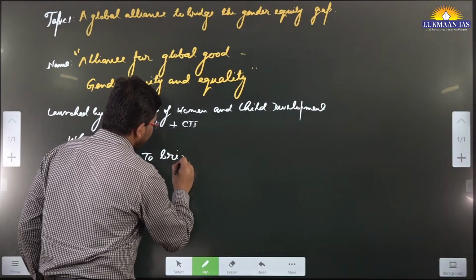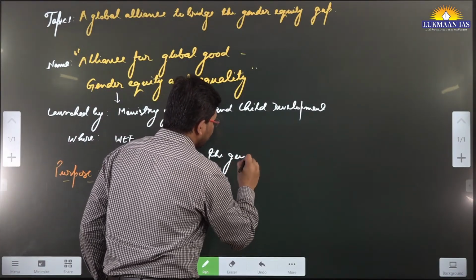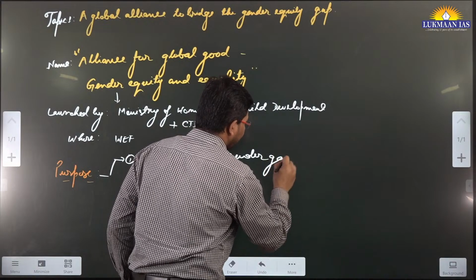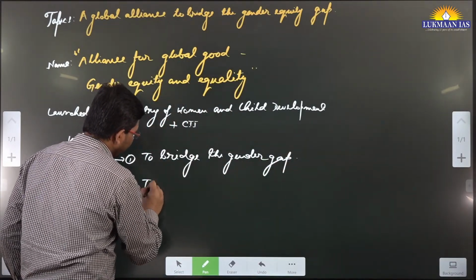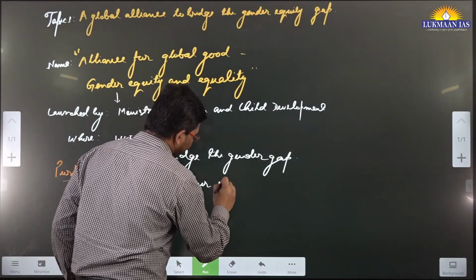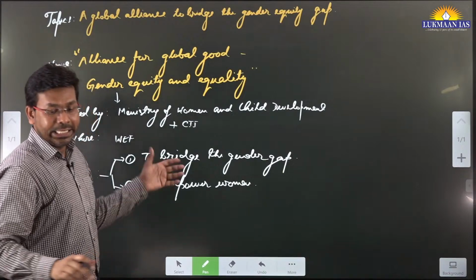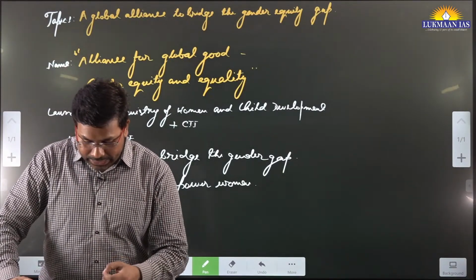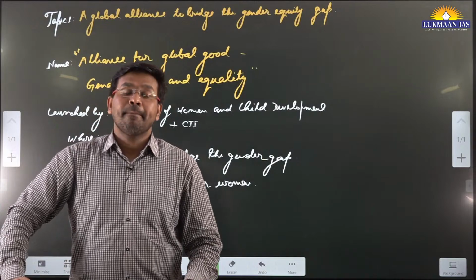Number 1, to bridge the gender gap. Number 2, to empower women. And here we have discussed that in India we have, let's say, 43% participation from women in the STEM courses.